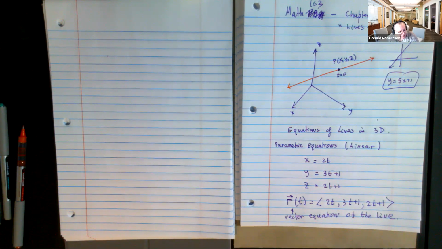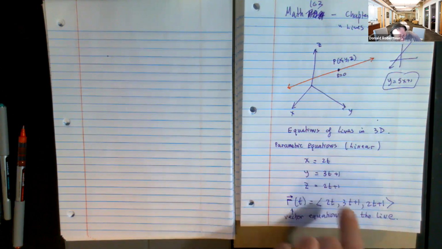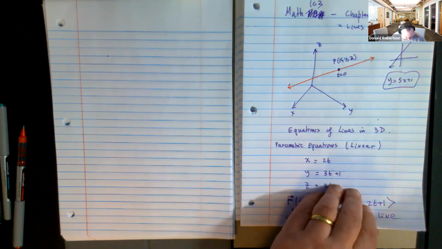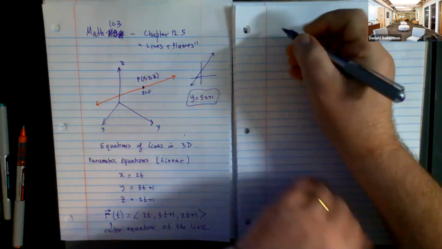So far, so good. So now I need to show you how to get this equation and what information I need to be able to do it. And this is the information you need.